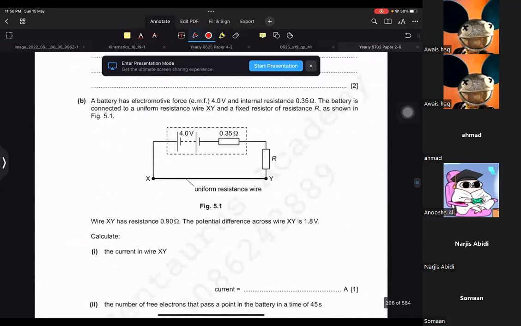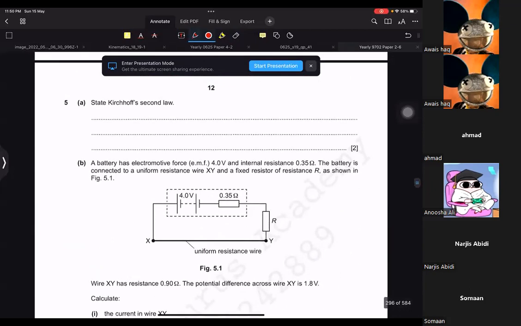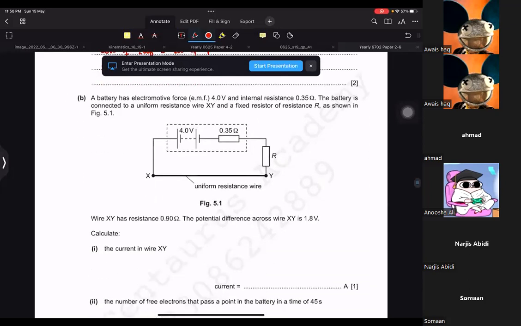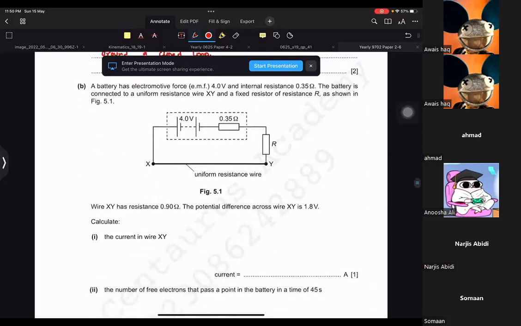Now, Kirchhoff's second law. So it is the sum of EMFs equals the sum of potential differences around a closed loop. Okay. Then they have a uniform resistance wire, internal resistance, external resistor.